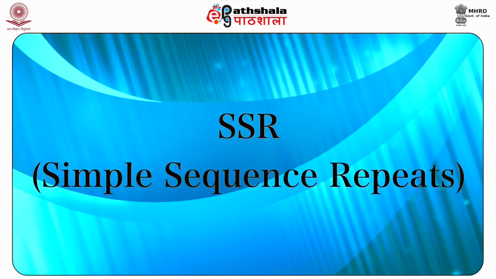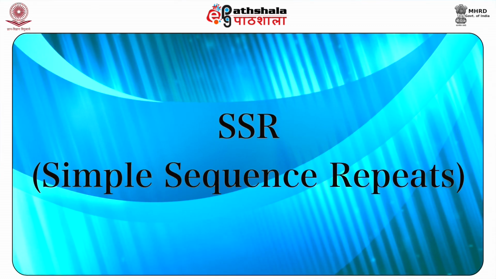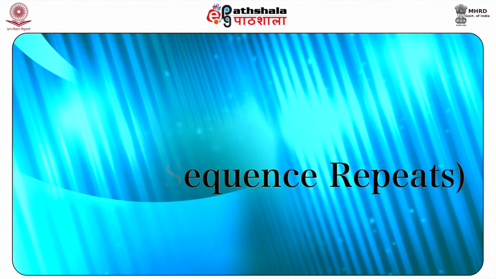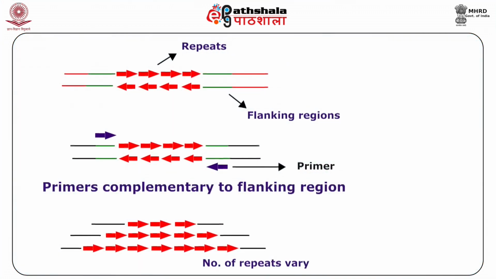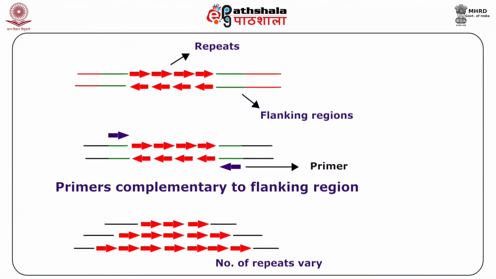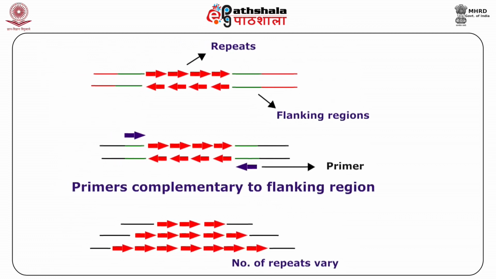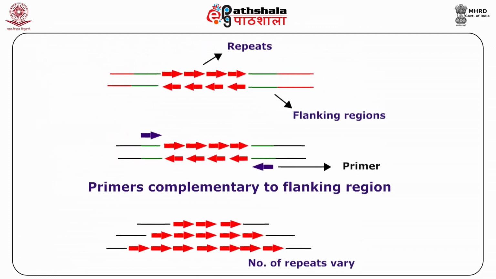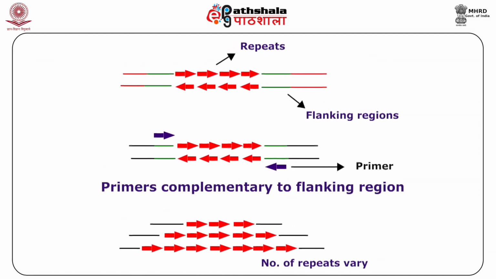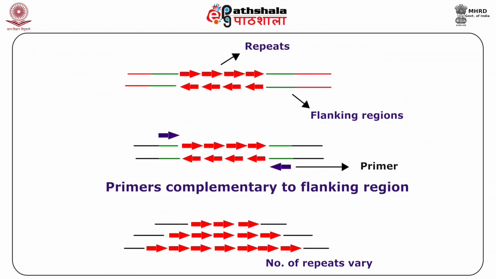Next, we will study SSR or simple sequence repeats. SSR is a simple sequence repeat, which is often termed as microsatellite, and STR, that is short tandem repeat. It is a sequence where 2 to 6 base pairs of nucleotides are repeated.